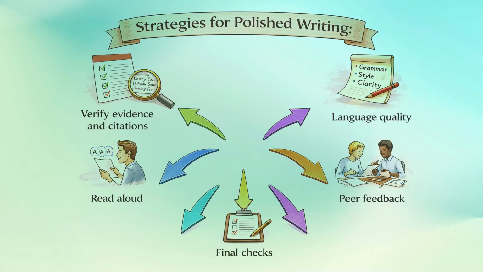Then comes peer feedback. In the process of writing and at the end of the writing, make your peers read your article. When peers read our articles and give feedback, it forms a very valuable response to our research and our writing. Finally comes the final checks.